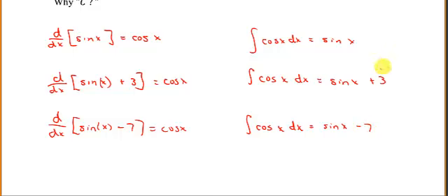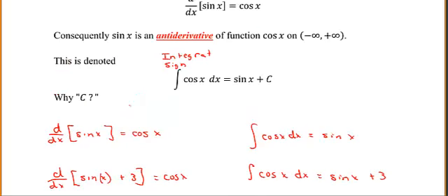So notice we could have any number we like back here, because any constant is just going to be 0 when we take its derivative. So when we anti-differentiate, we could get a constant. This is called the constant of integration.